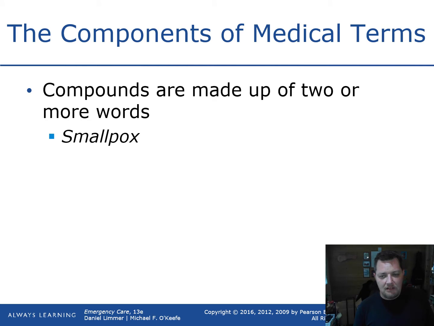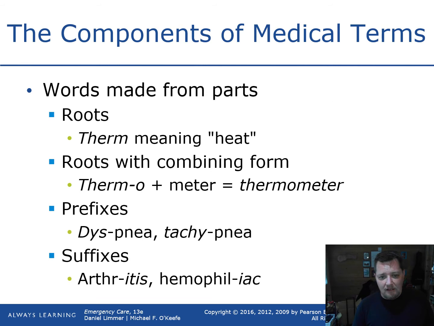So, components. Compounds are made up of two or more words. So smallpox is made up of small and pox. Words are made up from parts. So there are roots, and then you combine those root words with other things, with prefixes and suffixes and combining forms and various other things.